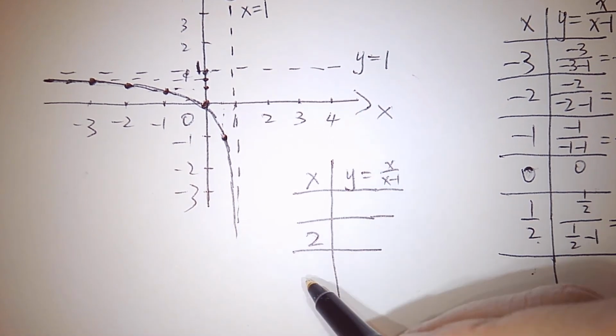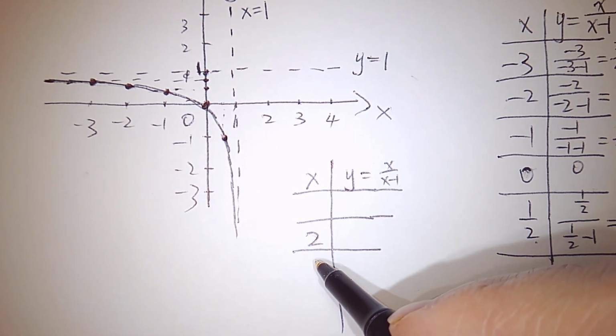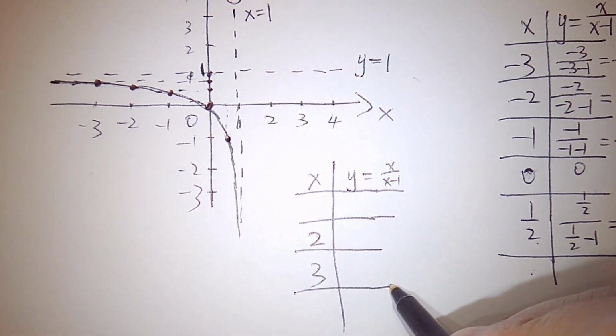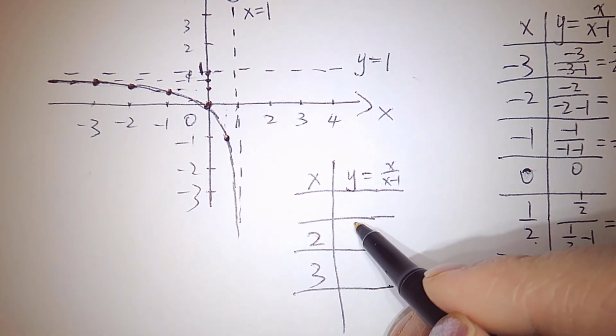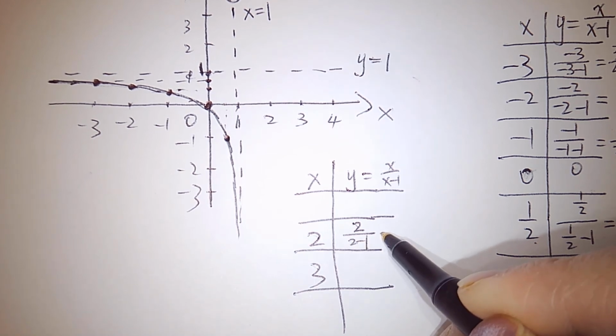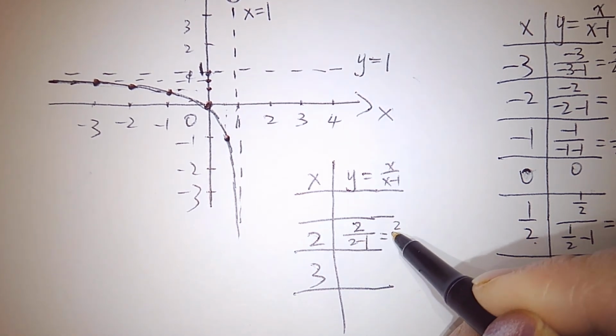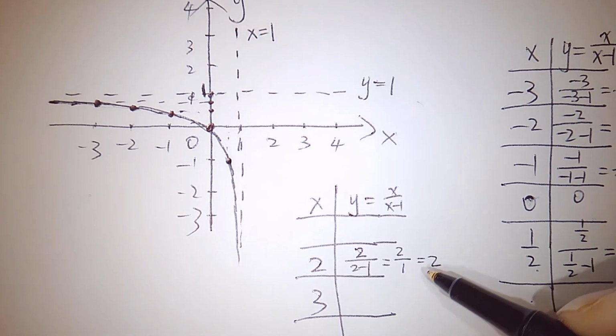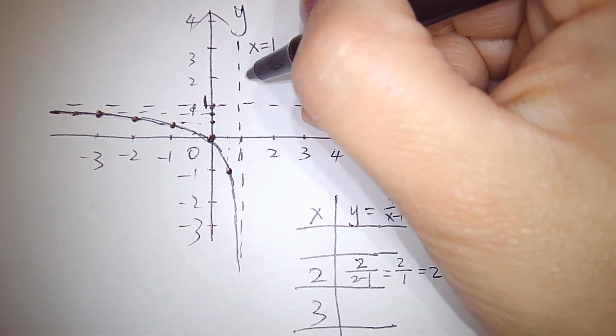When x equals what? I would say 3. So how about 2? 2 minus 1, right? What is this? 2 over 1 is what? 2, okay? So key point, (2, 2).